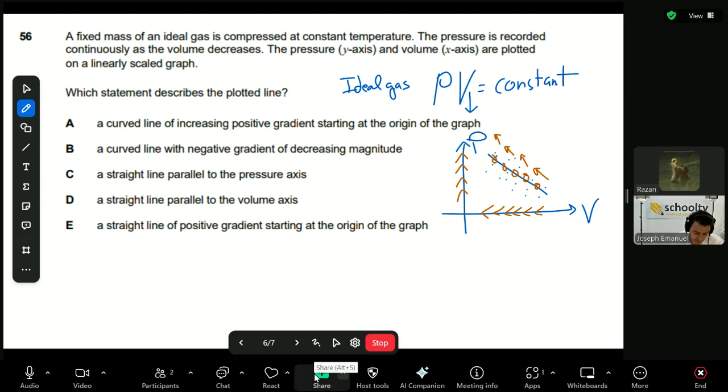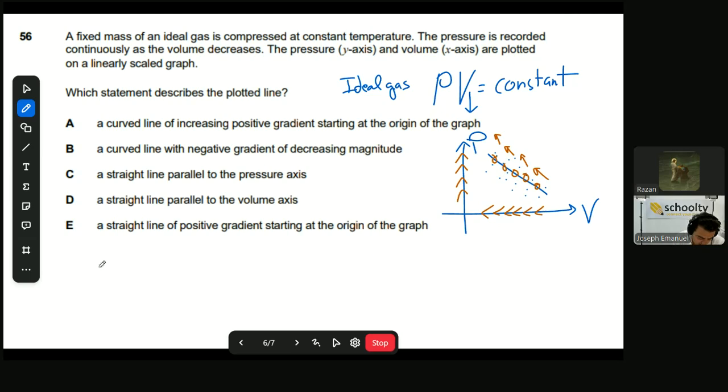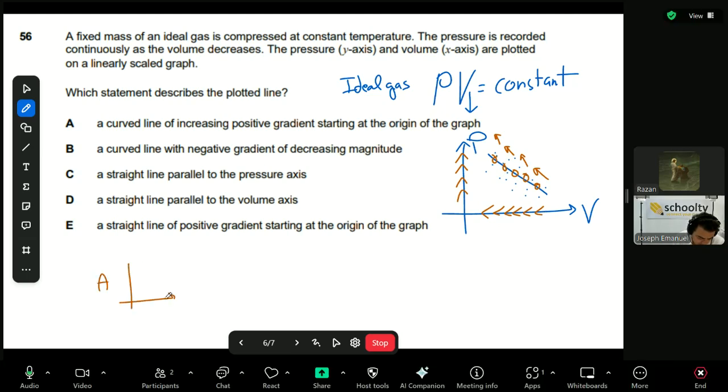A: a curved line of increasing positive gradient starting at the origin of the graph. No. A means something like this, a curved line increasing positive. Okay, this is not good. B: a curved line with negative gradient of decreasing magnitude.